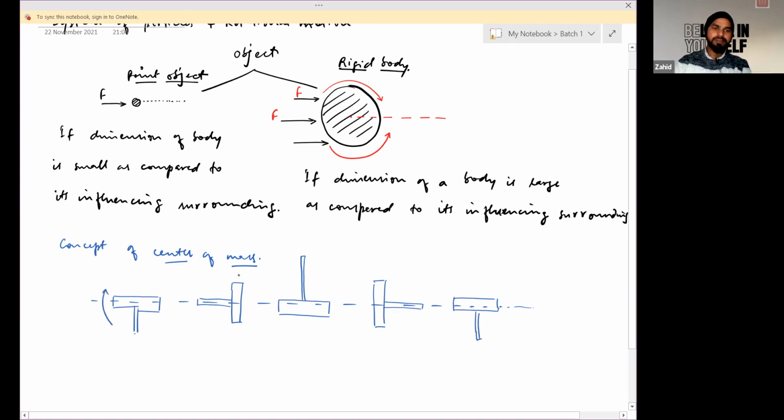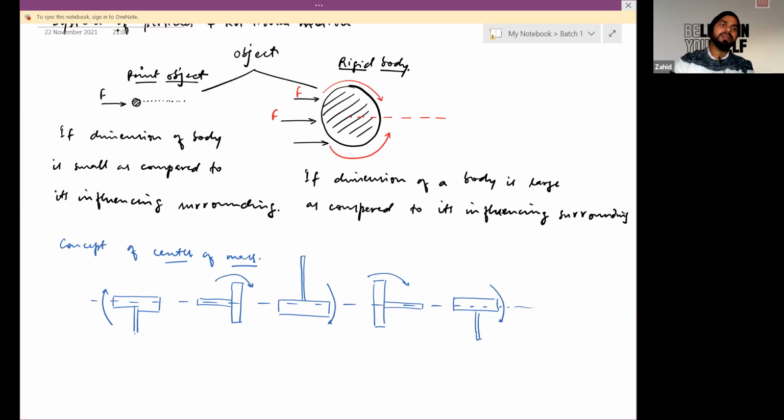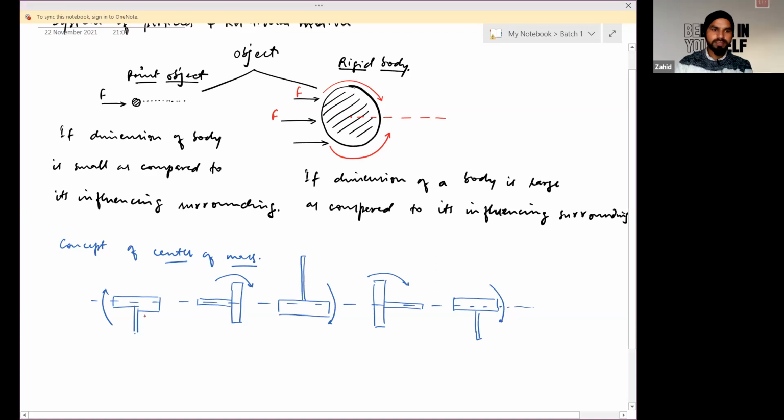It means it will rotate like this. During this motion, you will observe there is a point which is going along a straight path irrespective of all other points, which will revolve around this given point. Is it clear? So you'll say all of the other points are moving around this particular red point, and this red point is going along a straight path like this.